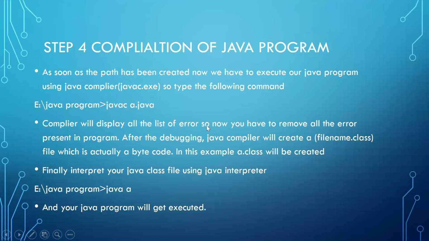The compiler will display the list of errors. So now you have to remove all the errors present in your program. After debugging, the Java compiler will create a .class file, which in our case is a.class. Finally, now we have to interpret our Java bytecode using the Java interpreter as Java A.